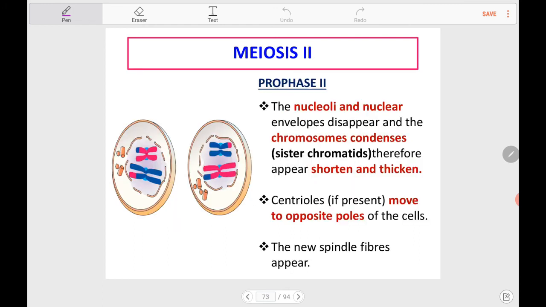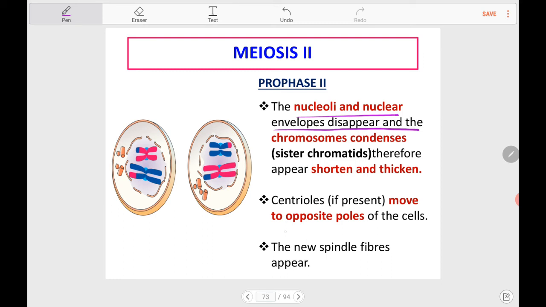Next, selepas habis telophase 1, sel akan terus continue untuk masuk prophase 2 of meiosis 2. So during prophase 2, the nucleoli and the nuclear envelope will start to disappear again. Tadi semasa telophase 1, the nuclear envelope akan start to reappear. Tetapi masuk sahaja prophase 2, dia akan disappear semula.